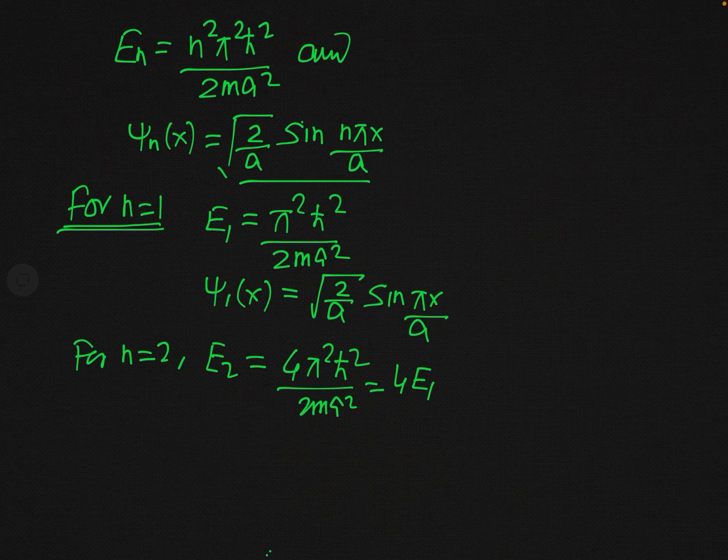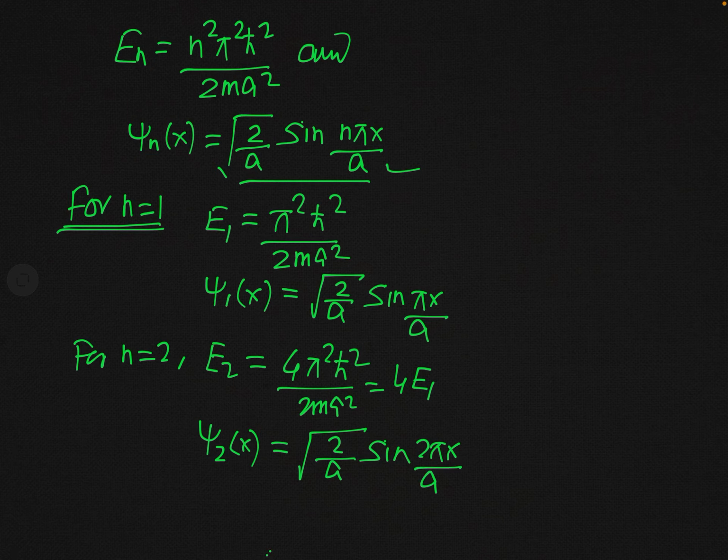And the corresponding eigenfunction will be psi2 of x, and this psi2 of x, you can see from this general result, will be square root of 2 over a sine 2 pi x over a.